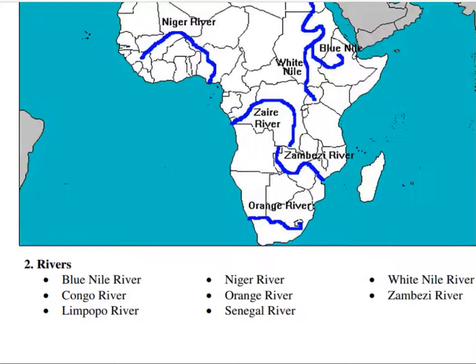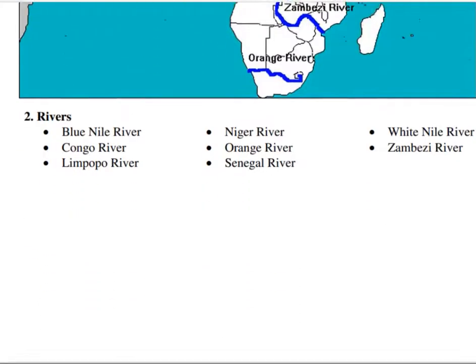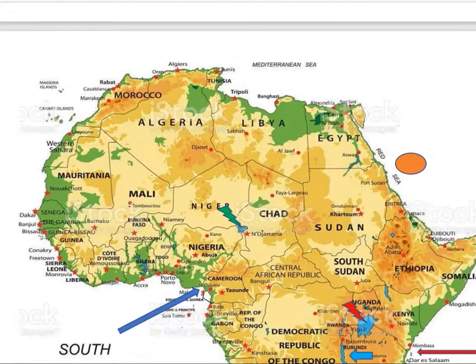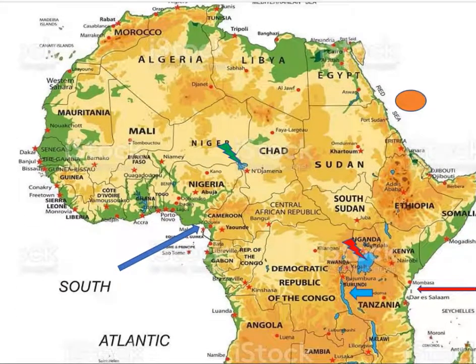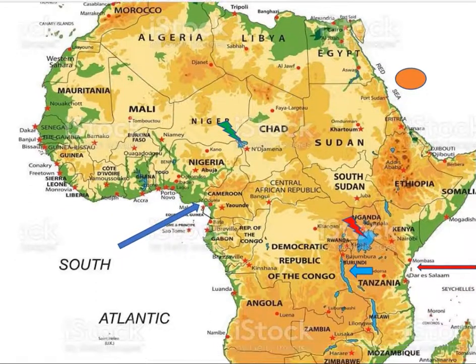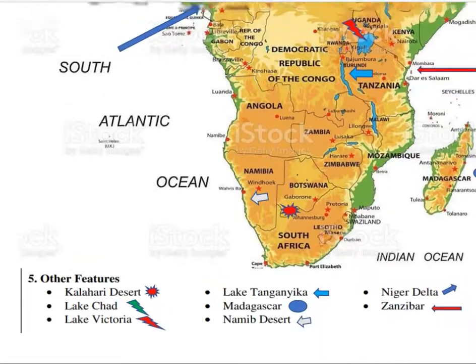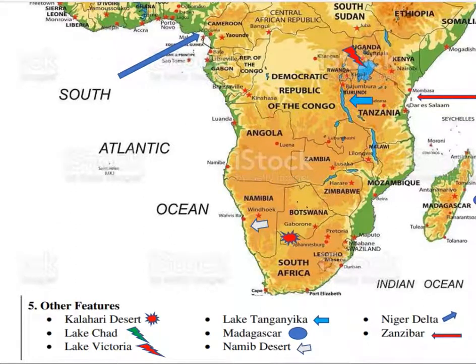Okay, then we go down. Scroll down. Here is the entire map of Africa, the entire map. But these are the features that they're looking for.